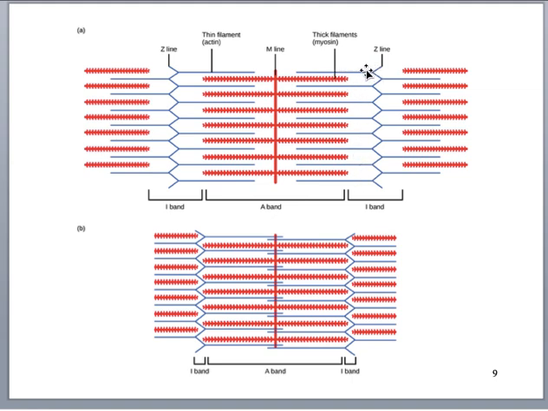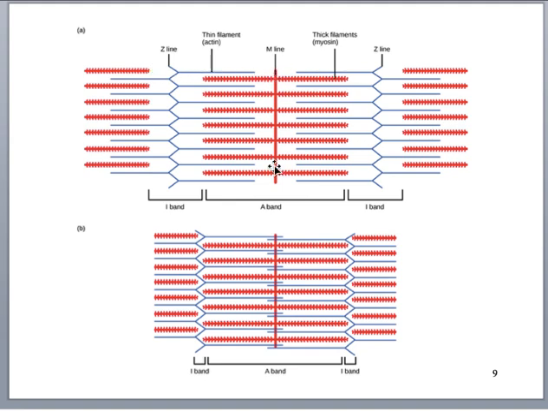But these thin actin filaments from this side slide in towards the M line, and the thin actin filaments over here, from this Z line, slide in closer towards the M line. So they slide past one another.